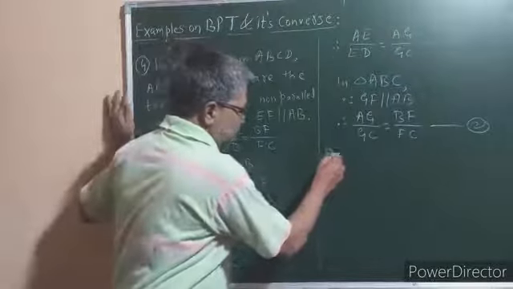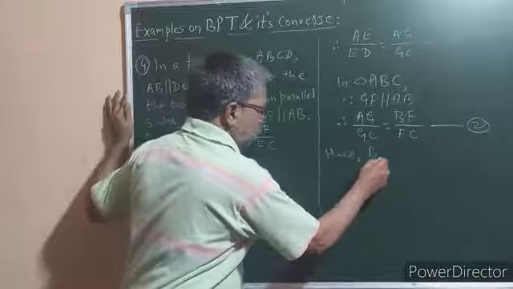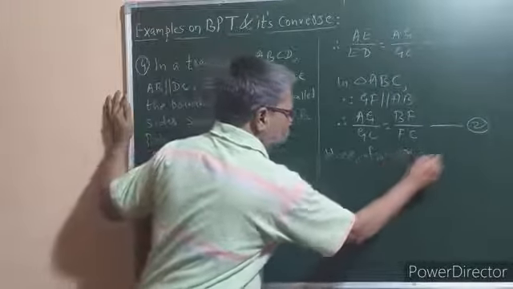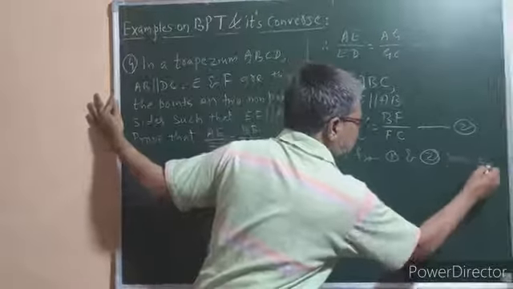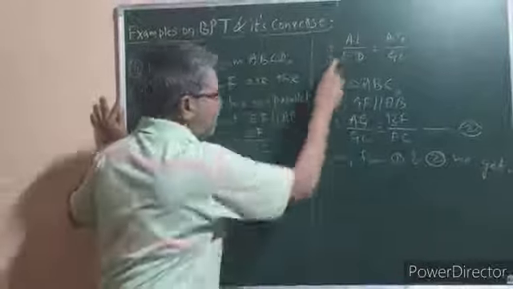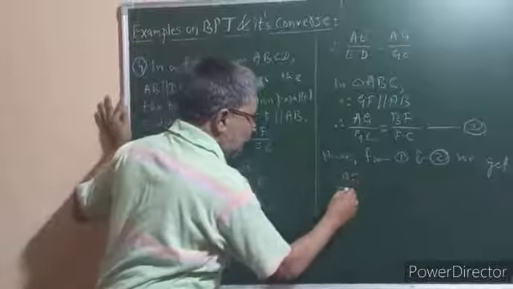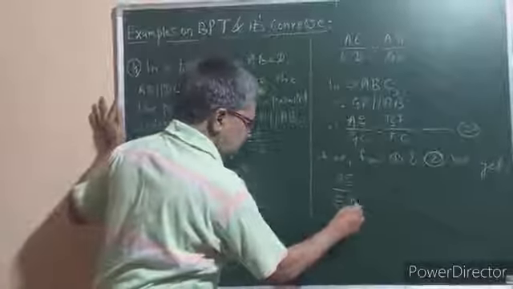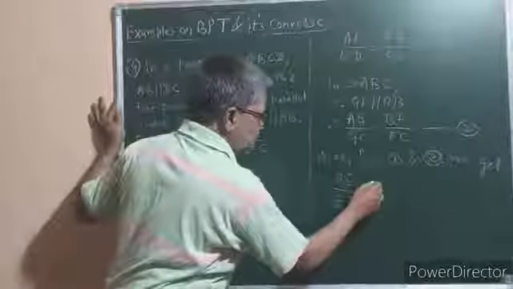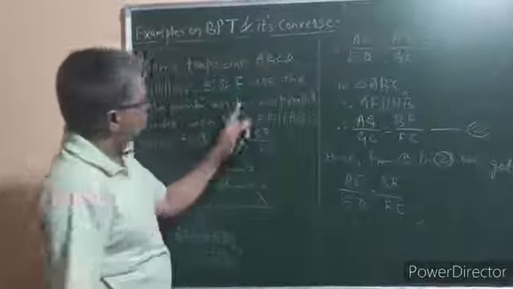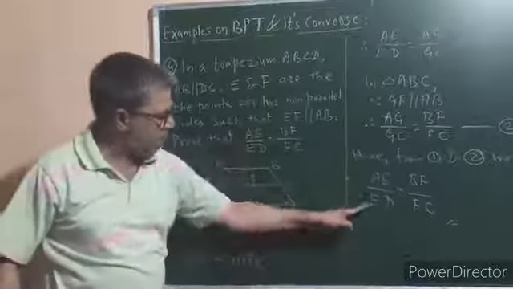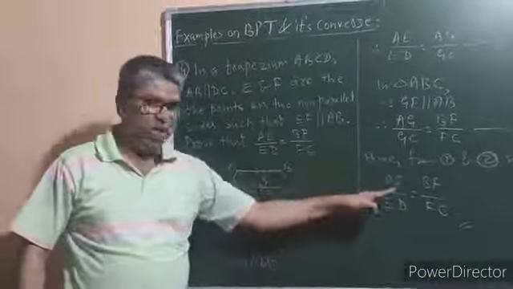So hence from 1 and 2, we get AE upon ED is equal to BF upon FC. This is the solution.